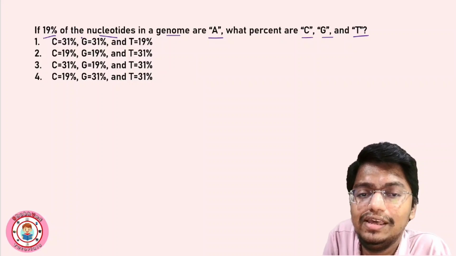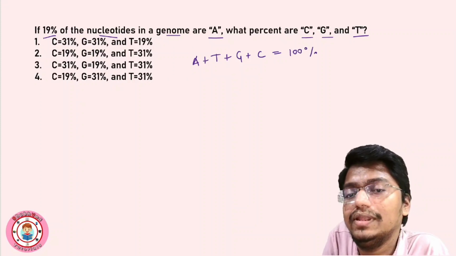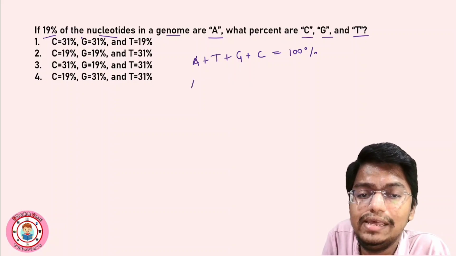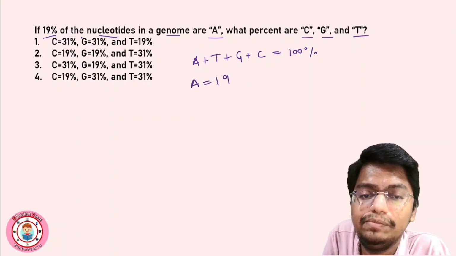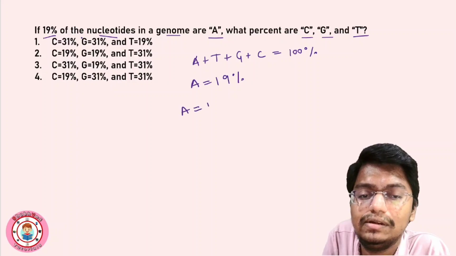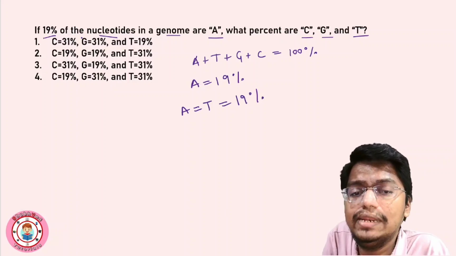Very easy. A plus T plus G plus C total 100% होता है. Right? This total is 100. Now A दिया है हमें 19%. So as we know, A binds with T, so 19 होगा, दोनों भी 19 होगा, A भी 19, T भी 19.